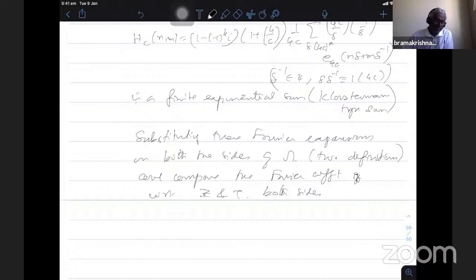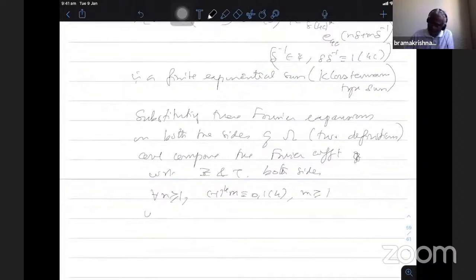What we get is, I'll write down there. So for all n greater than or equal to 1, with minus 1 power k n congruent to 0 or 1 mod 4, m also greater than or equal to 1. So we need to show that.